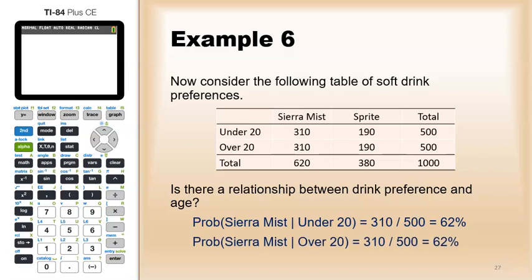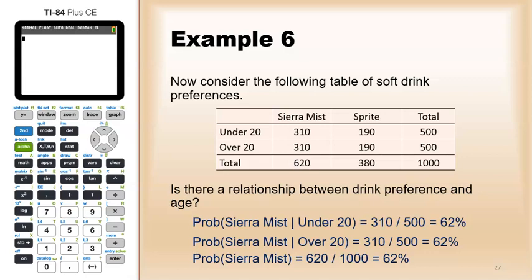Out of those who are over 20, we're going to look at this 500 here, so same number, but different 500. Out of this row, 310 would prefer Sierra Mist, so the probability is actually the exact same, 310 out of 500, or 62%. Overall, if I just pick a random person, regardless of age, and figure out their preference, well, 1,000 total, 620 preferred Sierra Mist, 620 out of 1,000 is 62%.